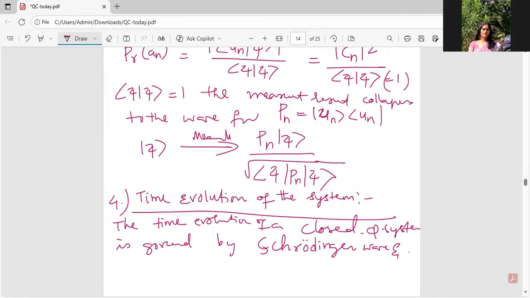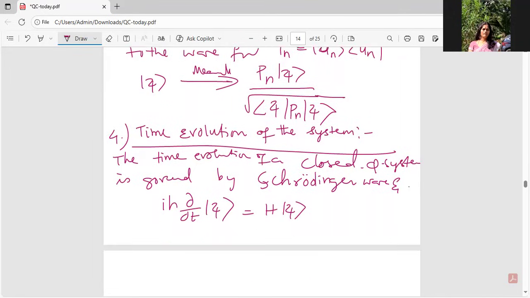Okay. Yeah. How does this equation look? i h-bar dou by dou t ket xi is equal to H ket xi. Okay, rate of change with time. Rate of change of ket xi with time, I can clearly see, right? What is H, if you ask me? It's the Hamiltonian, guys.